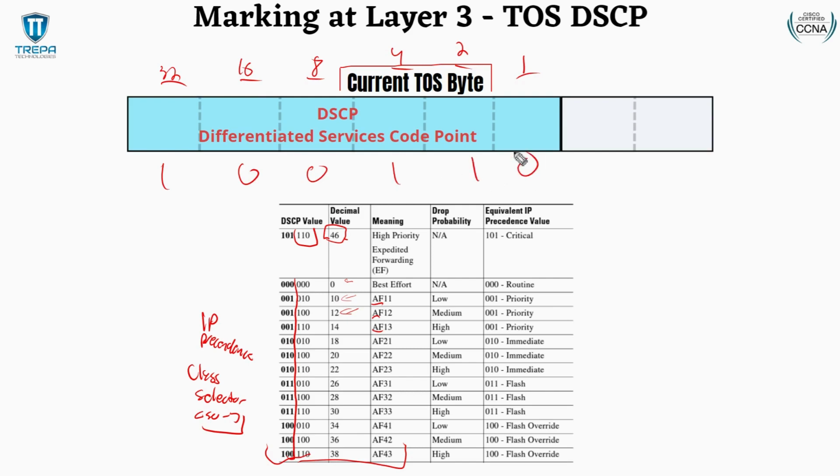If we add that up, that's 32 plus 4 plus 2, which is 38. So the decimal value is 38, and the AF value, the assured forwarding value, is AF43. How do we get this number 43, though? Let's take a look.